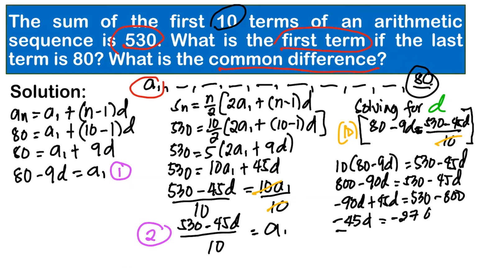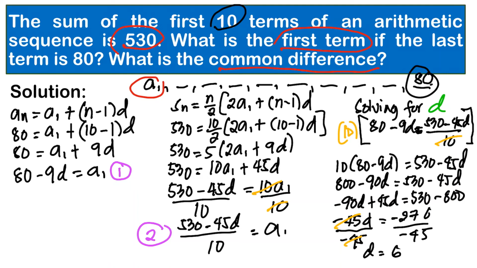If we divide both sides by negative 45, we have the result d equals 6. Alright, d is equal to 6.